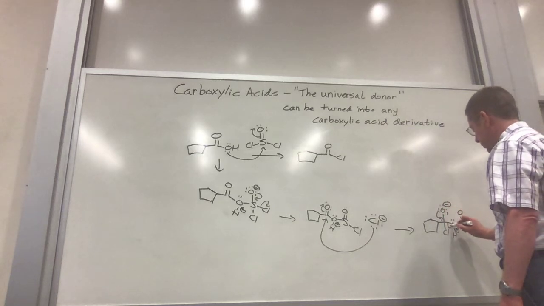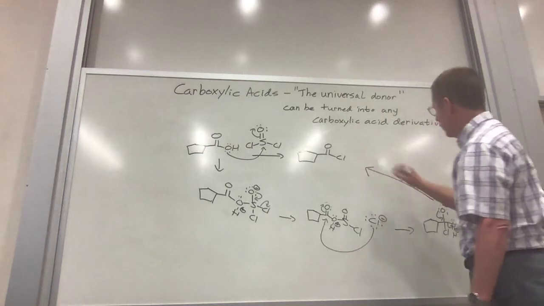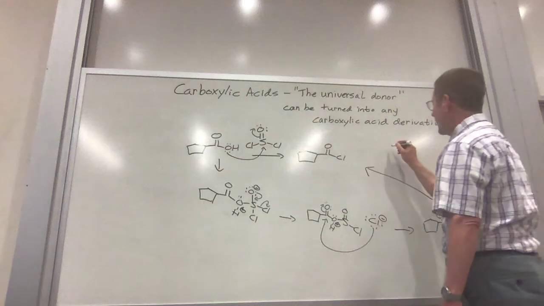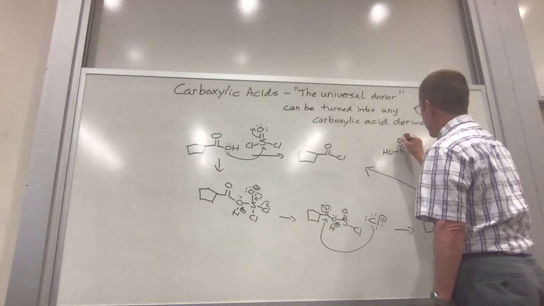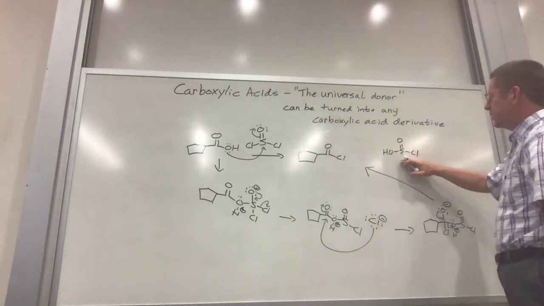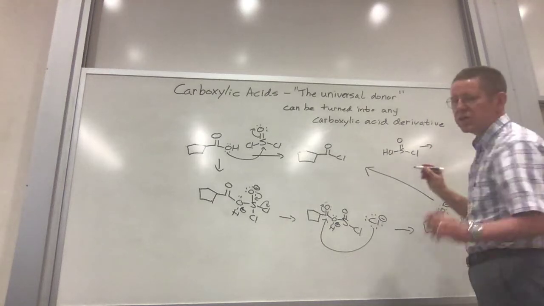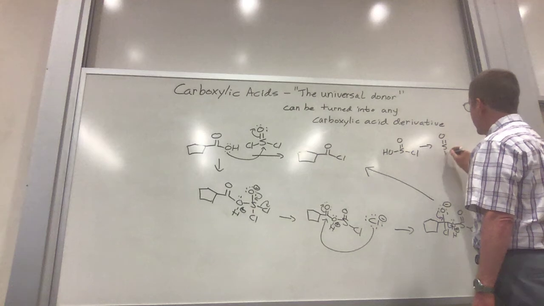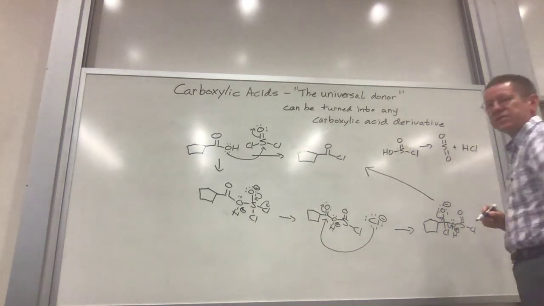And if we do, we see that we wind up forming our acid chloride, and as a byproduct is actually this particular compound, which will actually decompose, don't worry about a mechanism, to give us sulfur dioxide and HCl.